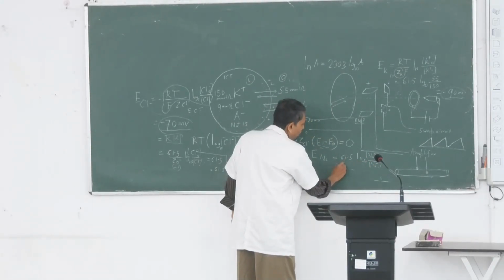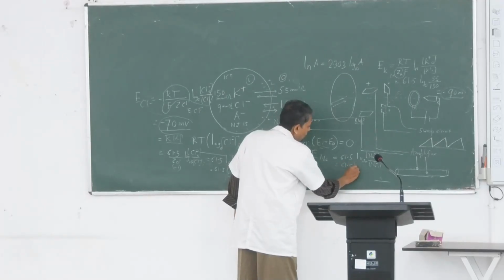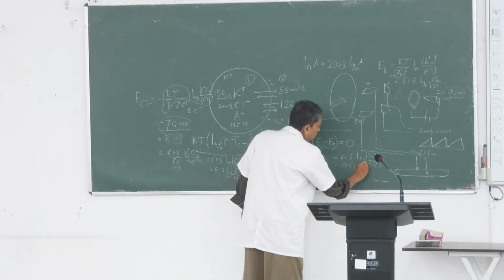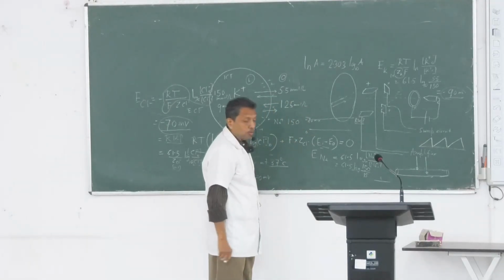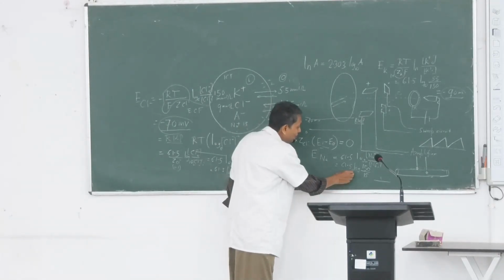So 61.5 log, where sodium concentration outside is 150 and inside is 50. So it will become equivalent to 61.5 millivolt, and it is a positive sign.